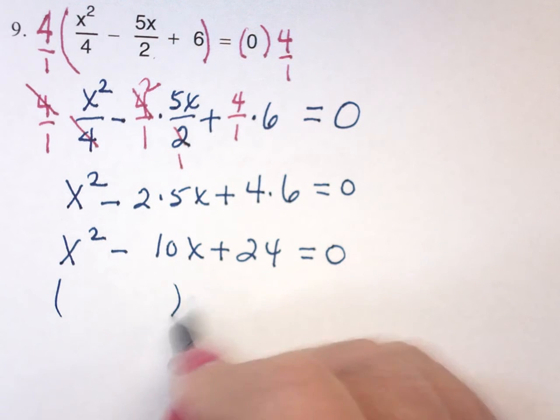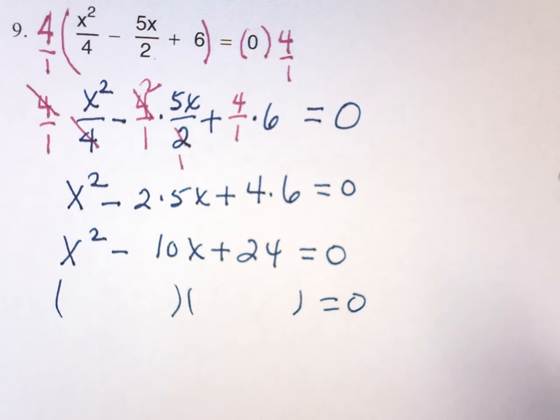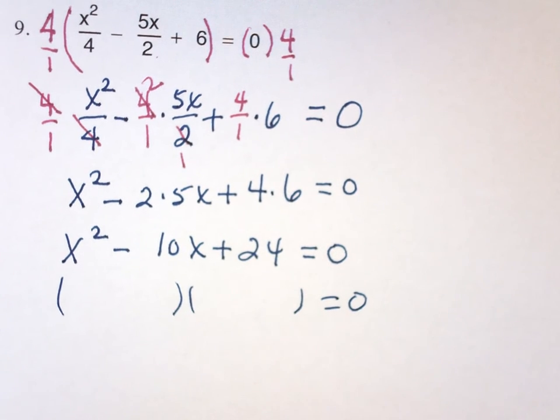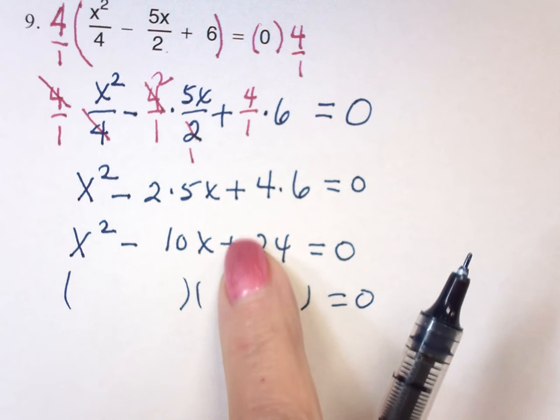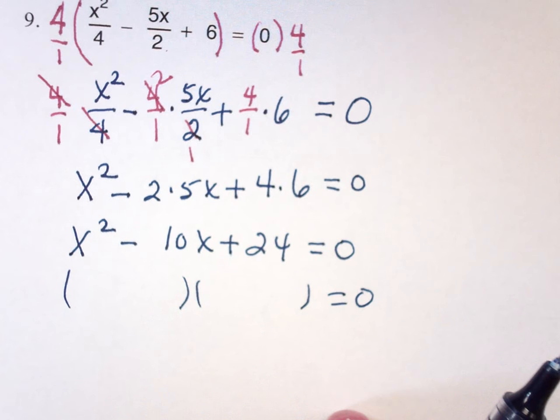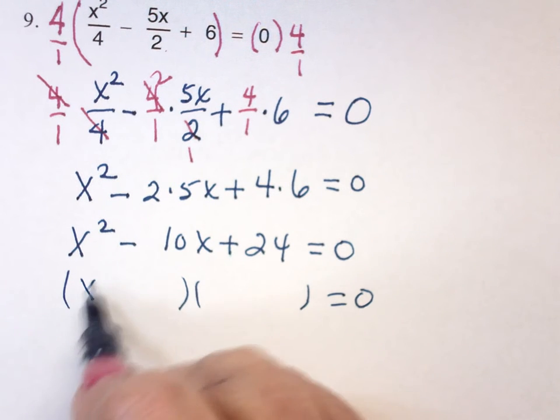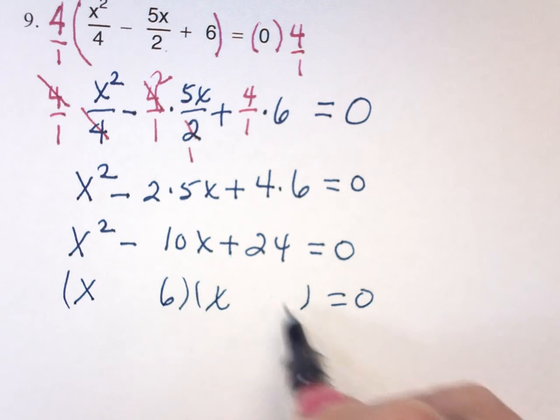So now you factor. I need 2 numbers which when multiplied together give me 24, but add, because this is plus, they add together to give me 10. What are the 2 numbers? 6 and 4. So x, 6, x, 4.